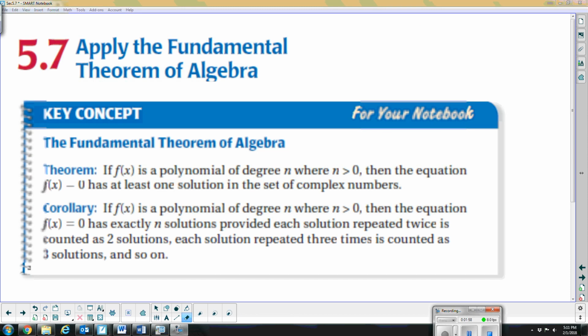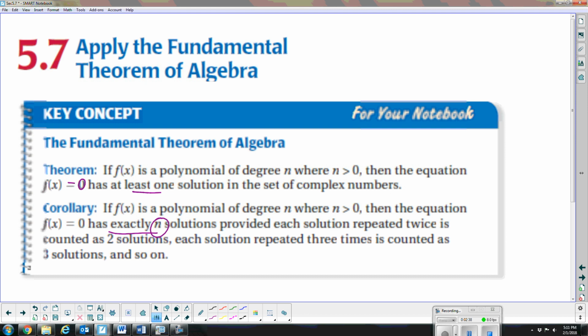So then, looking at the fundamental theorem of algebra, if f of x is a polynomial of degree n where n is greater than 0, then the equation f of x equals 0 has at least one solution in the set of complex numbers. And then the theorem that we're going to look at is if f of x is a polynomial of degree n where n is greater than 0, then the equation f of x equals 0 has exactly n solutions.